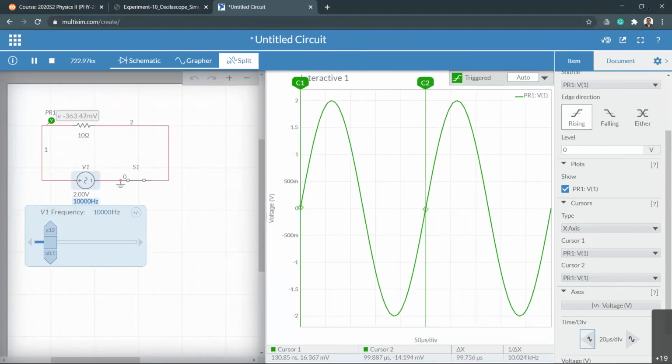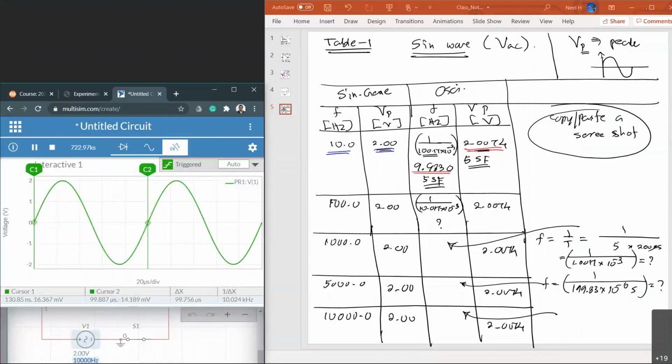Now the difference between the two cursors is about 99.756 micro. So the frequency is going to be 1 over 99.756 times 10 to the negative 6 second. Calculate that and that will give you the frequency. And then so on.